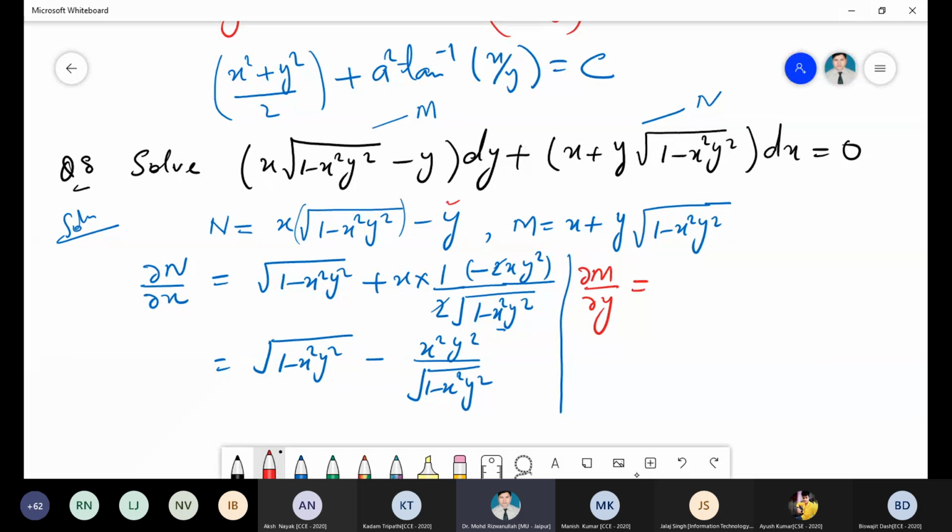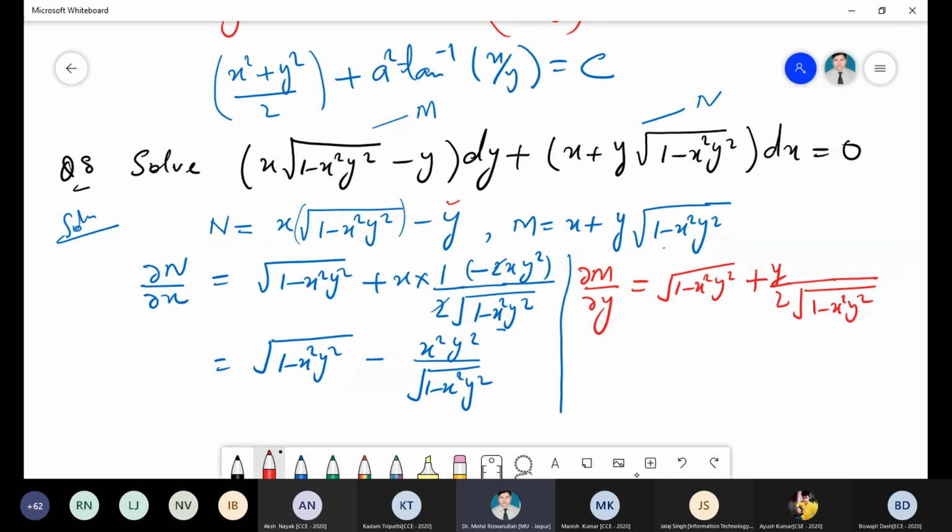This is 0. Here x will be constant with respect to y, so take it with respect to y. Again, you will get here, differentiating. Taking this y second function, this is the first function. So this will be 1 minus x square y square, plus 1 by 2 differentiating this term, y by 2 square root of 1 minus x square y square.